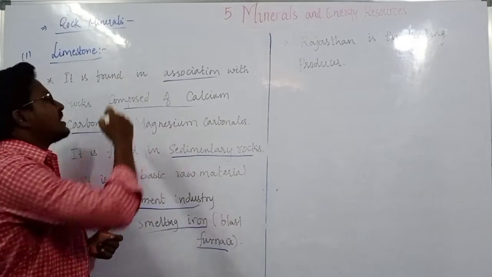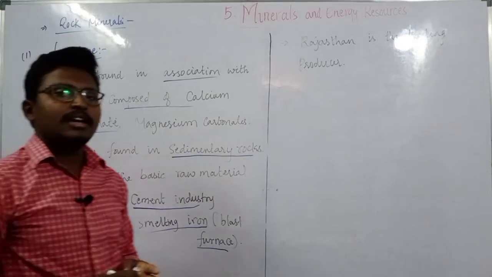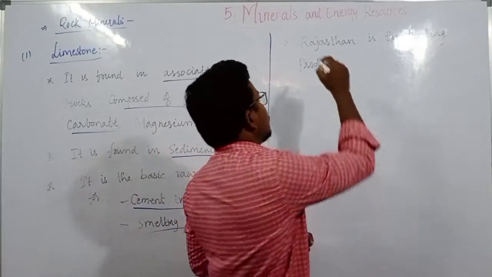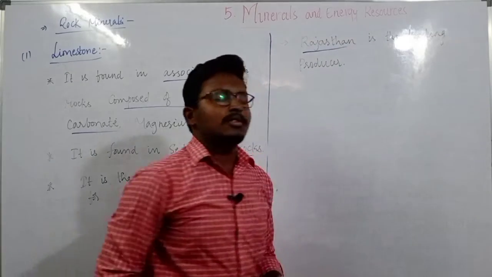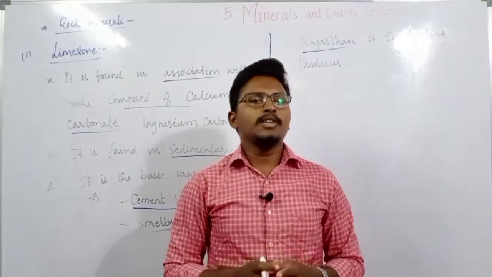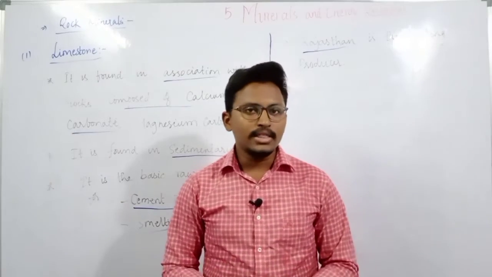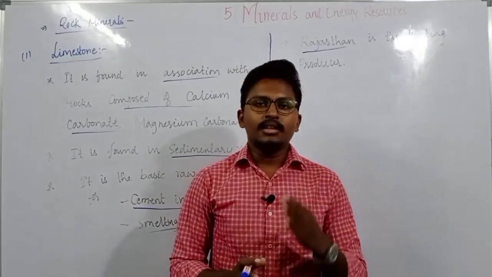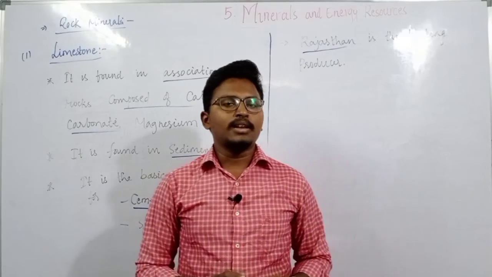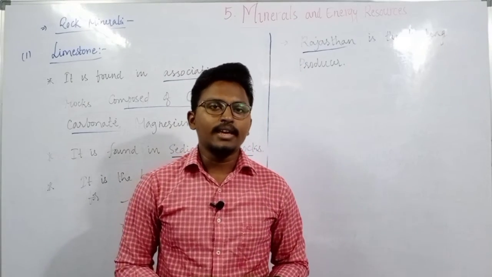And which state is the leading producer of limestone? It is Rajasthan, the leading producer of limestone. So with this we have completed some of the important minerals that are found in the country. In the next lecture, we will discuss the conservation of minerals as well as the hazards of mining. Thank you.